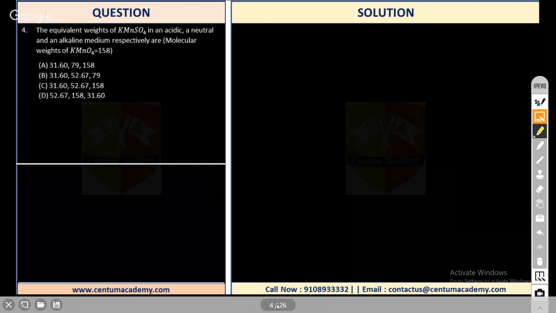Question number 4. The equivalent weight of KMnO4 in acidic, neutral, and alkaline medium, respectively, where the molecular weight of this is given. Okay. So basically, we have to find out the N factor in all these.